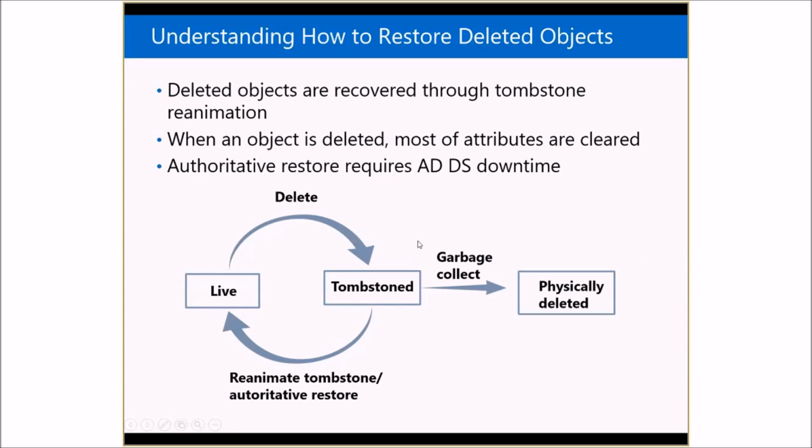But before that time period is exceeded, you can do what's called a tombstone reanimation, which, just like it sounds, brings it back to life. So that's the traditional way. You notice you either do it in time or you lose it.